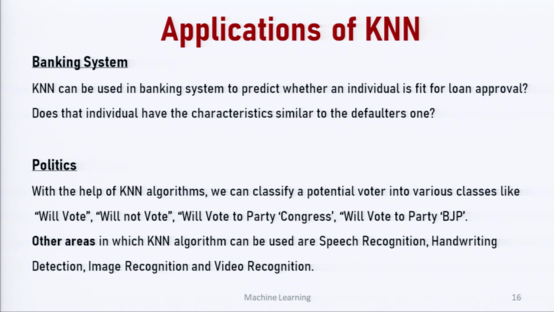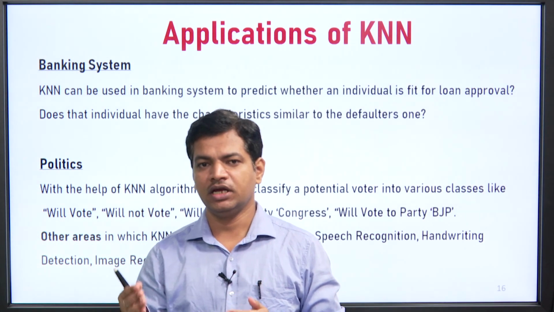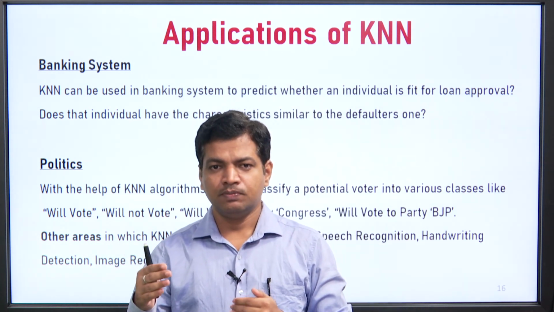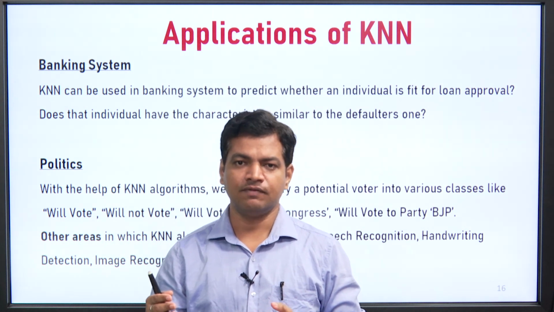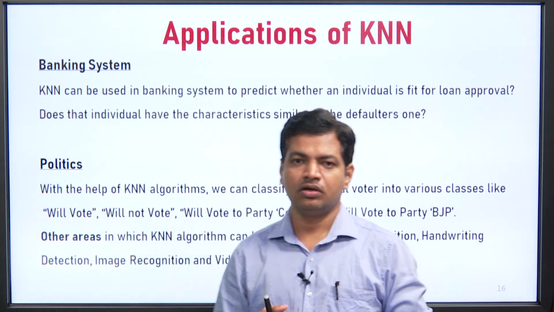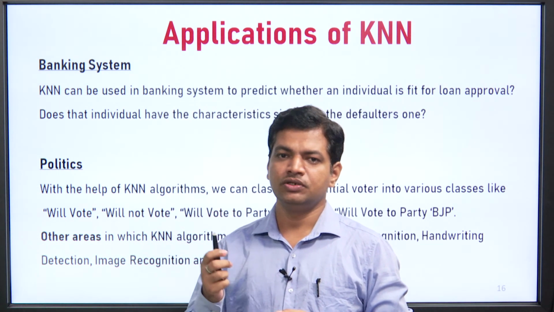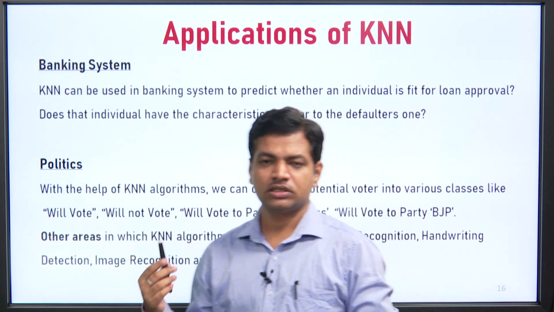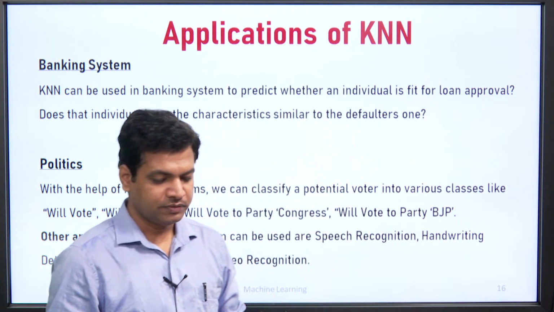Those records will be maintained, and if a new person comes in and wants to take a loan, then seeing the previous history data, their features, maybe their age, their income, will be the inputs. The new entrant's data will be taken and applied in the KNN algorithm to find whether the loan has to be approved or not. So this KNN algorithm is used there.